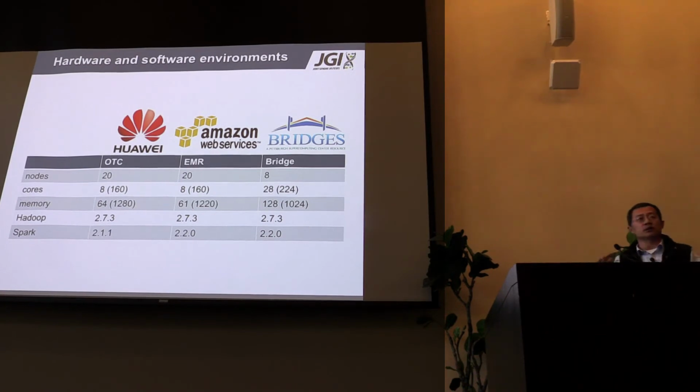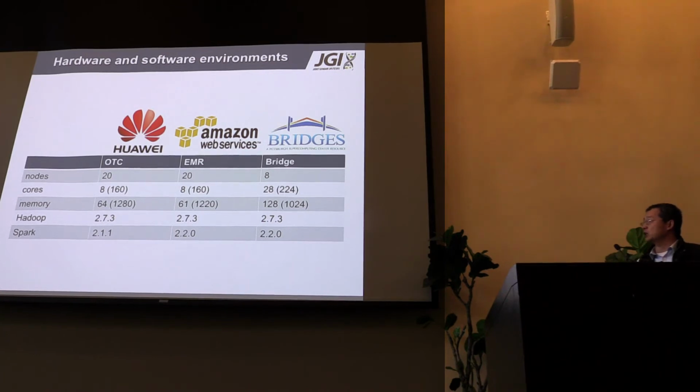So I'd like to focus on the performance or scalability of this application we developed, called Apache Spark-based read clustering. We tested in 3 hardware and software environments. We got a lot of help from a Chinese company called Huawei, and they have provisioned a cloud infrastructure in Germany called OpenTelekom Cloud. So we got a small cluster in that environment with 20 nodes.